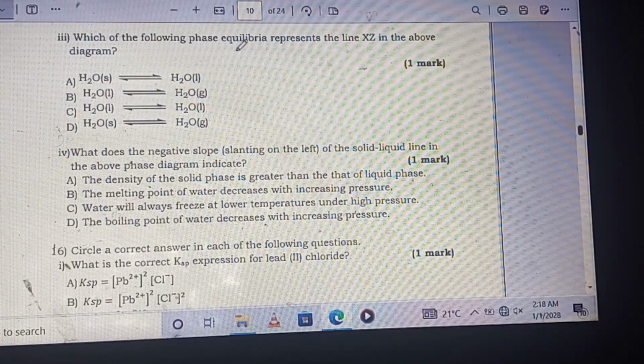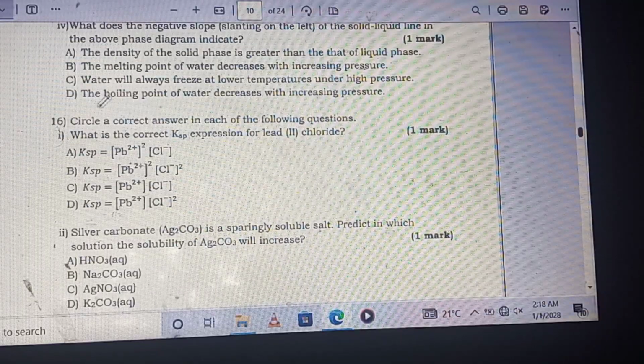Which of the following phase equilibria represents the line XY in the above diagram? The correct answer is letter D. Liquid water changes into gas, or steam.